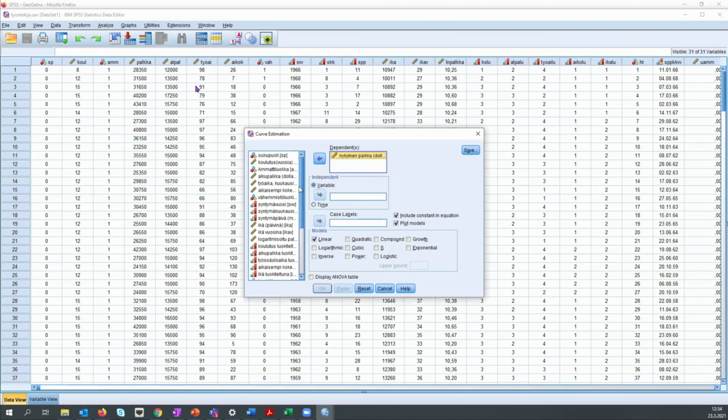And what I try to do is explain it by the time they have been working there. As you see, there are several models. And because I have no idea what they are, I just select all of them at the same time.